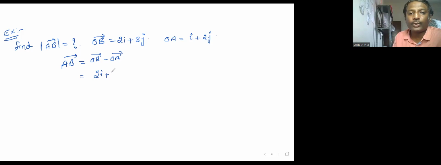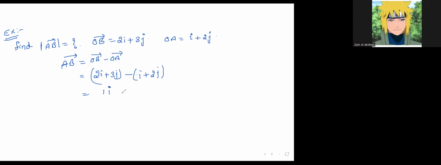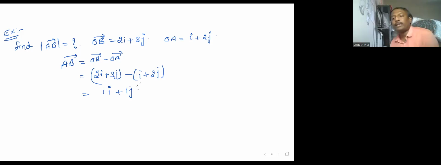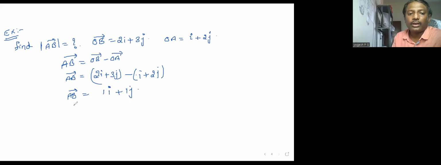OB vector is 2i plus 3j. OA vector is i plus 2j. What is 2i minus i? So 1i plus 1j. This is the AB vector, isn't it? Now, what is the magnitude of AB vector?